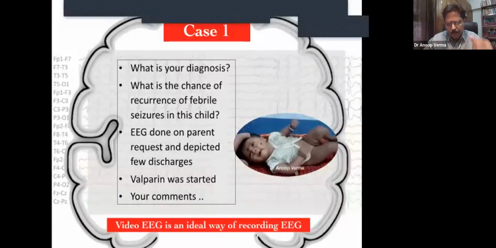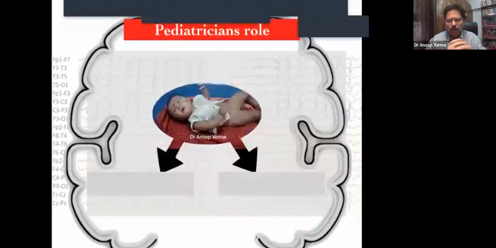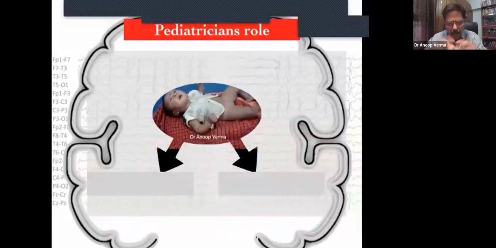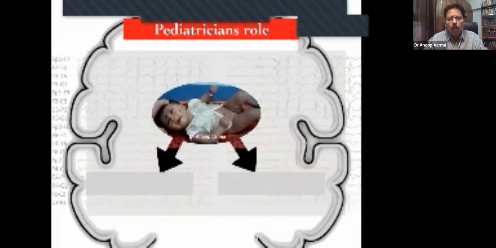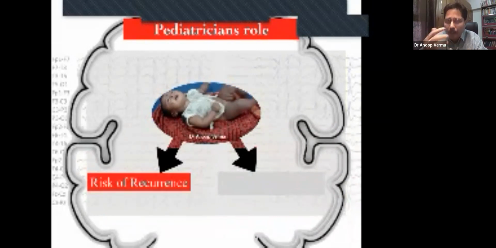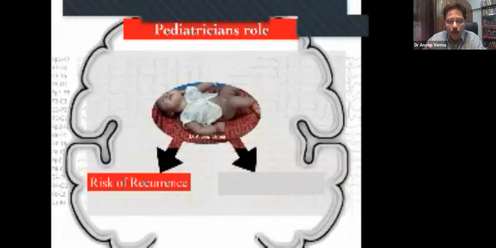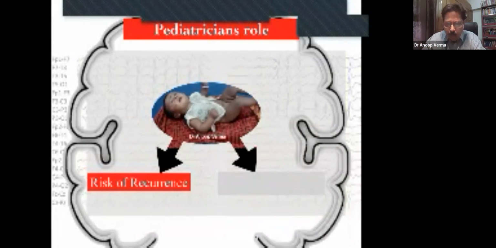So your comment. As soon as the patient comes, there is the immediate management you have to do, but as a pediatrician, you should simultaneously counsel regarding the risk of recurrence. That is, what will be the risk of recurrence in subsequent episodes.